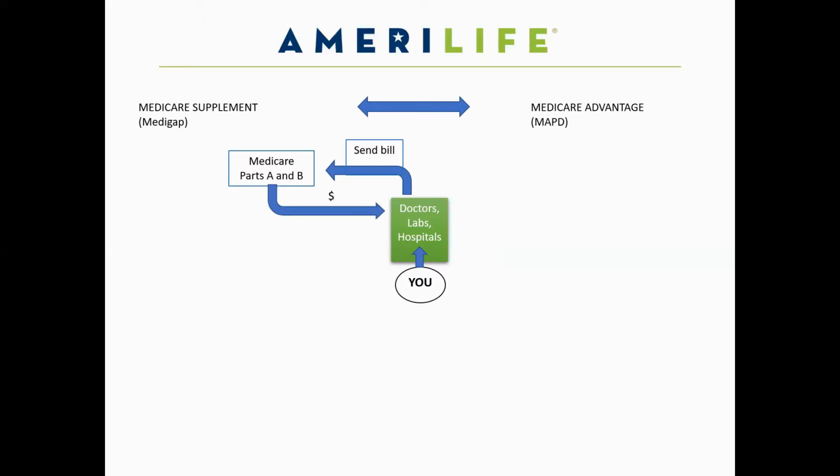With Original Medicare, you must have a separate Part D program, which if you take medications, you will pay co-pays to the medications plus a premium for this standalone drug program.